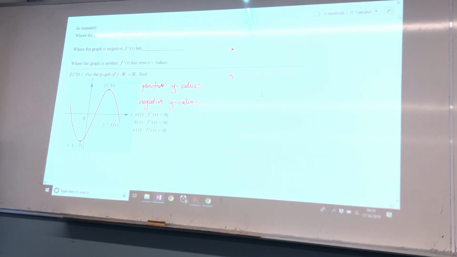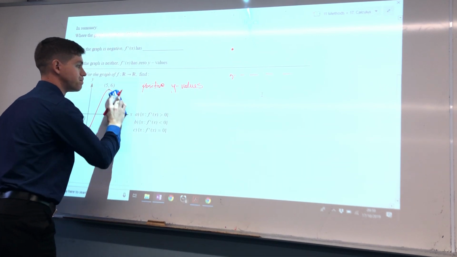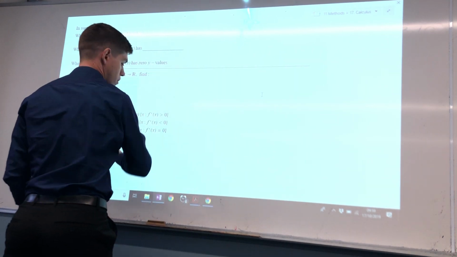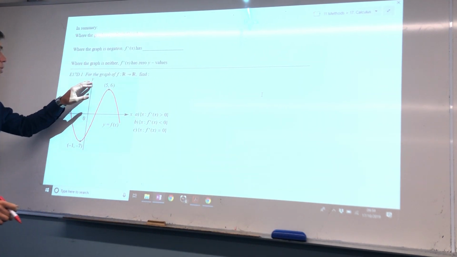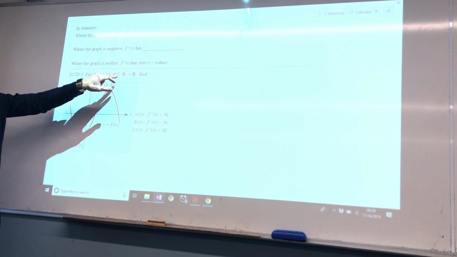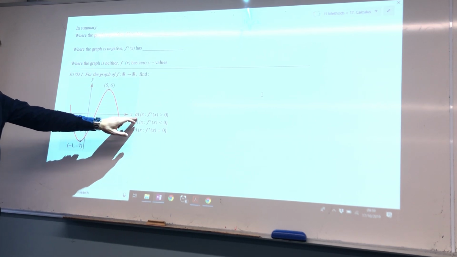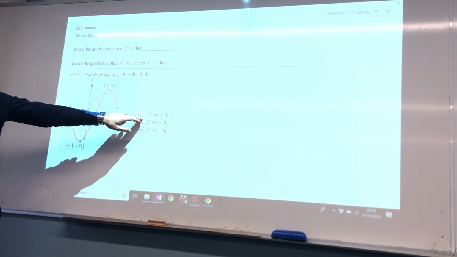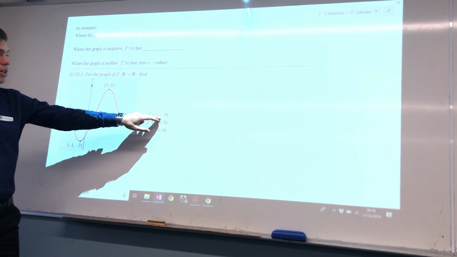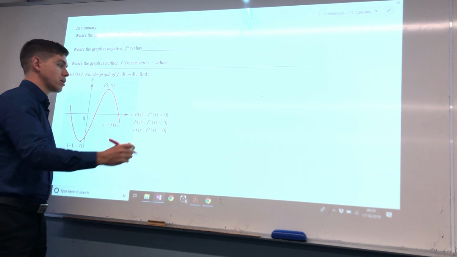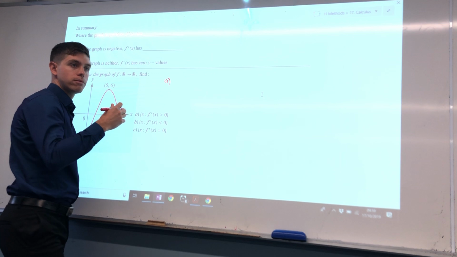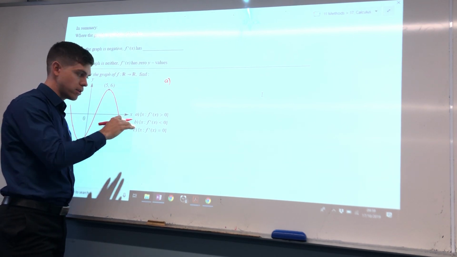Alright, our first example here. For the graph f, find the x values where the gradient function is greater than 0. I might just write in English what we're being asked for, just for the first one.